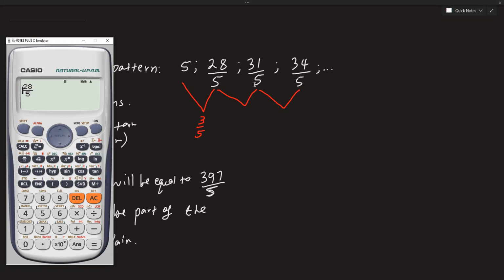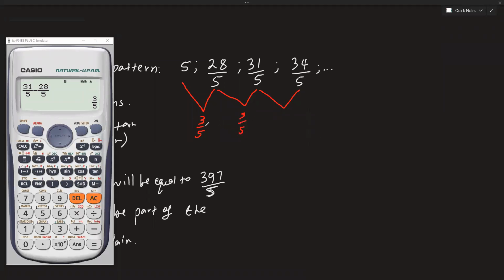That one must be 31 over 5 minus 28 over 5, T3 minus T2. I wanted to do a shortcut there. It's not working, so we'll just do it straight. 31 over 5 minus 28 over 5.